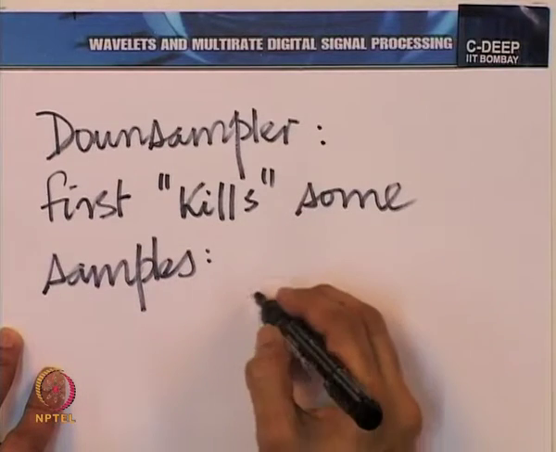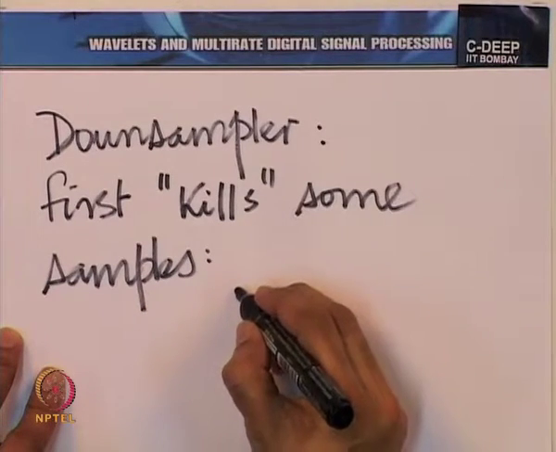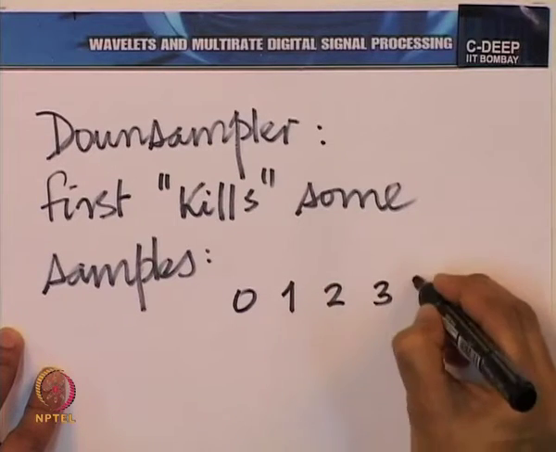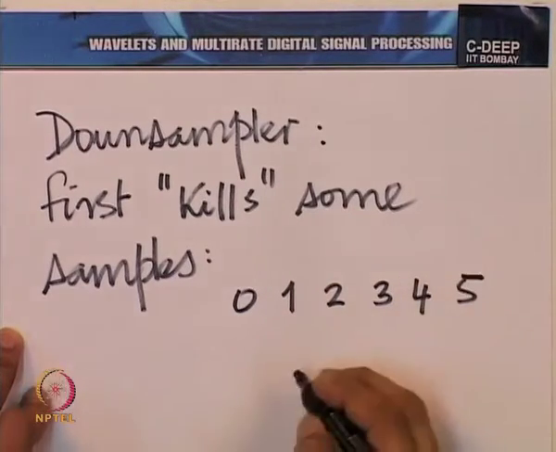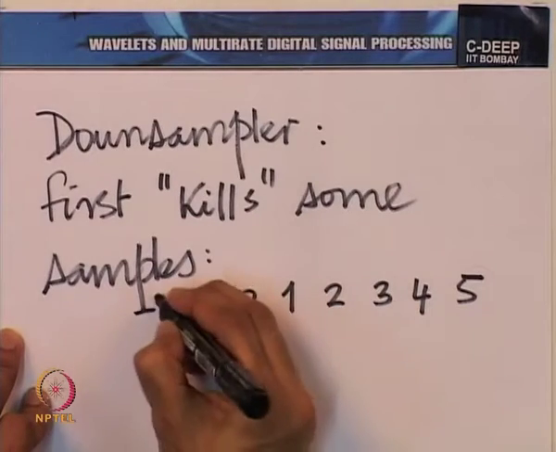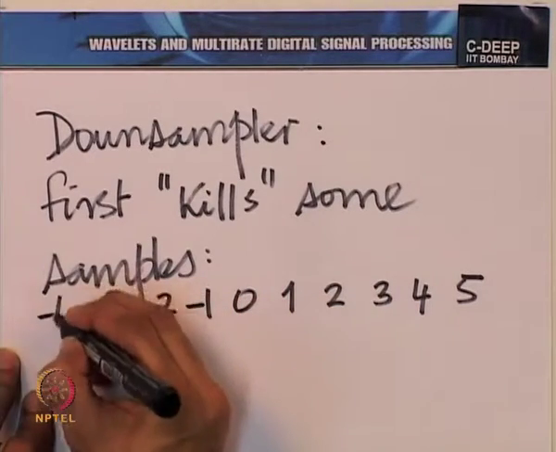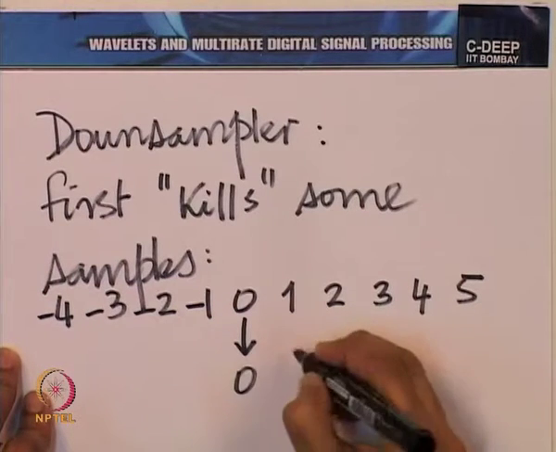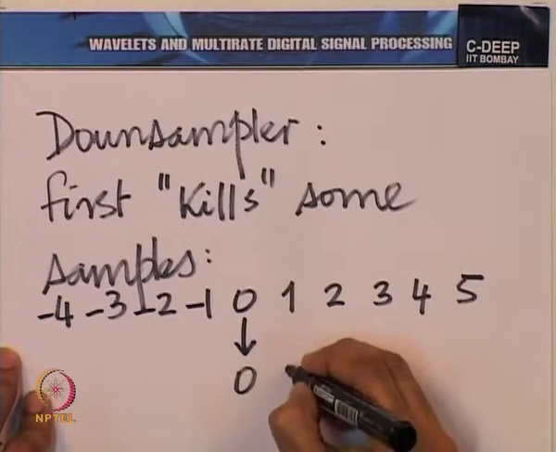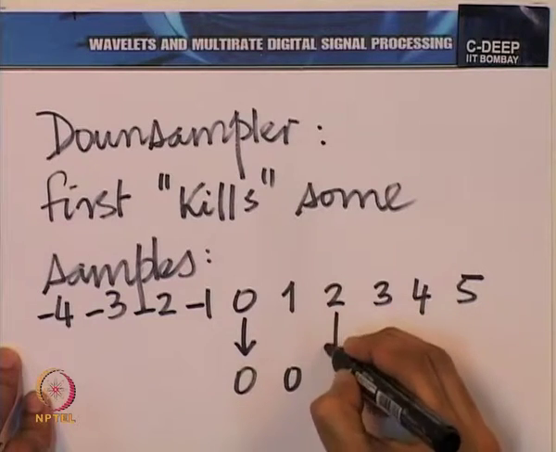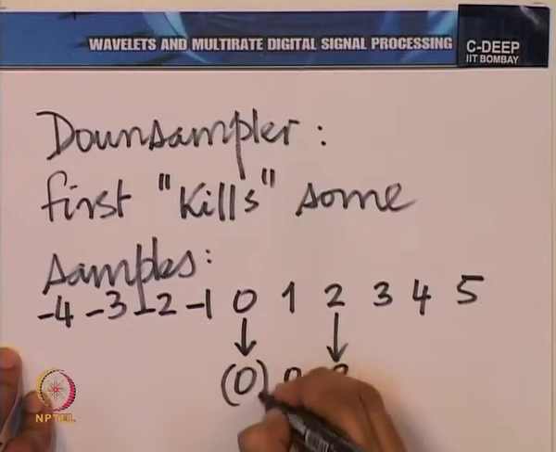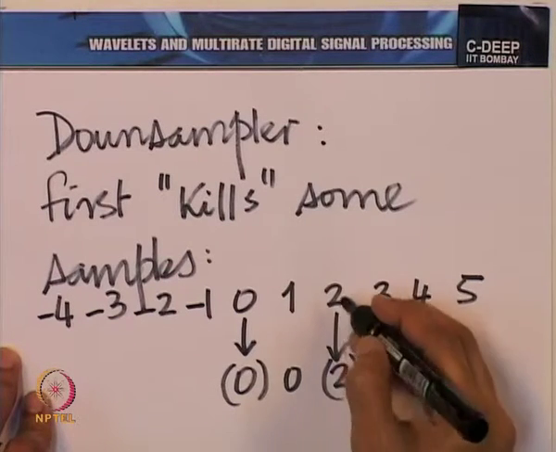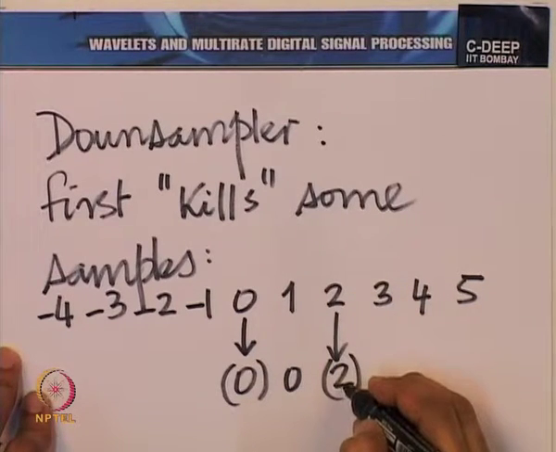So, for example, if I go back to the same indexing 0, 1, 2, 3, 4, 5 and so on here, and minus 1, minus 2, minus 3, minus 4 and so on there, then 0 is as it is, 1 is reduced to 0, 2 is as it is. So, when I write the number in brackets, what I mean is this sample is brought forth as it is.